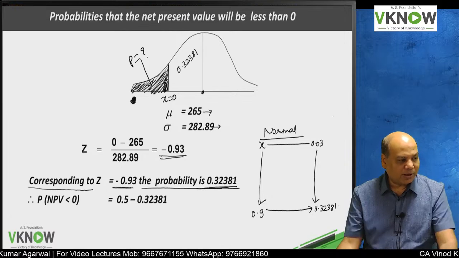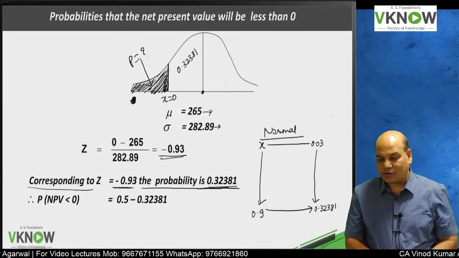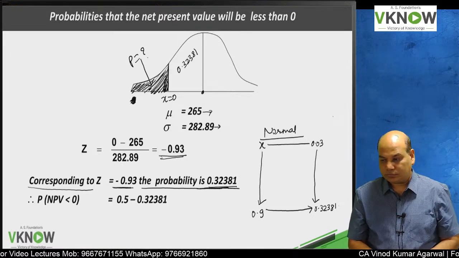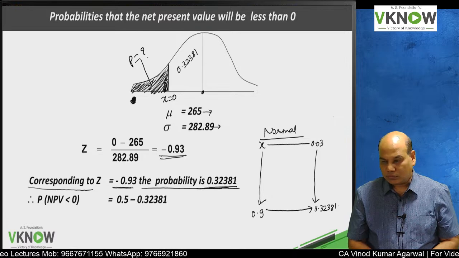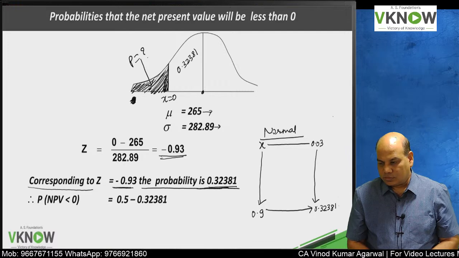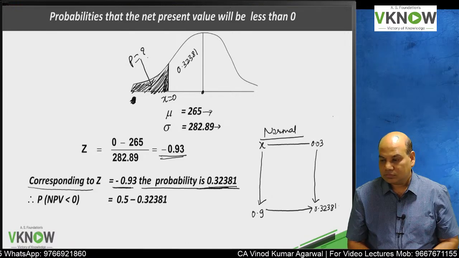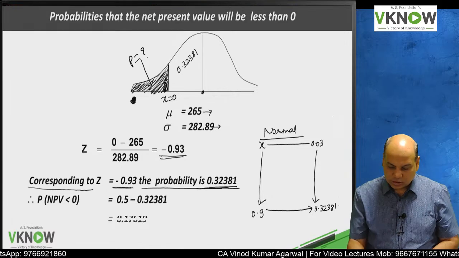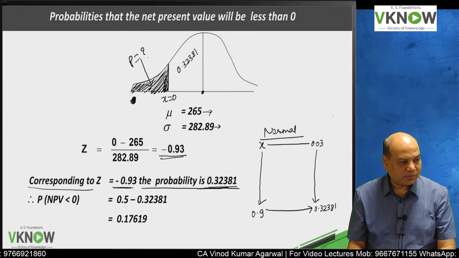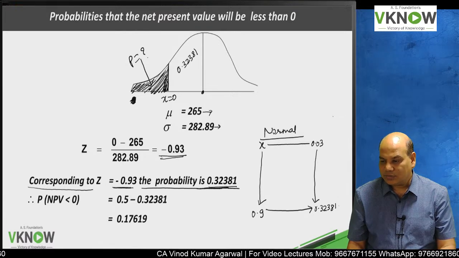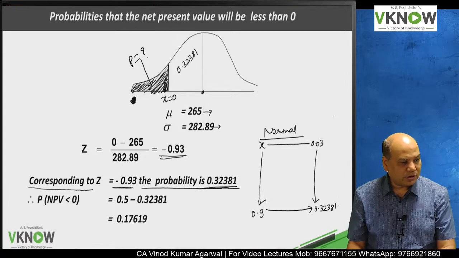I will write: probability NPV less than 0 is 0.5 minus 0.32381, and that is equal to 0.17619.